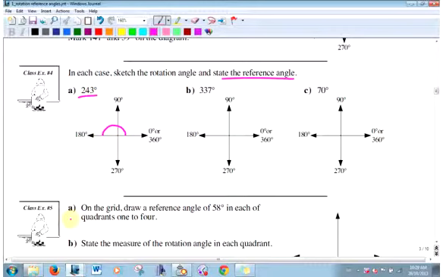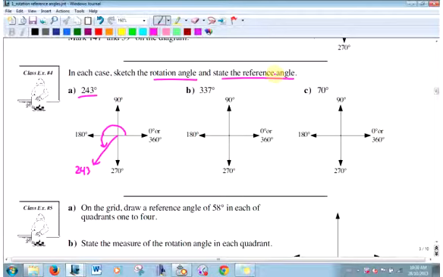Where should this be? Make it reasonably accurate, right? 243 minus 180 is 63 degrees. That's bigger than 45, so it kind of looks like that. Okay? That's 243. That's the rotation angle.